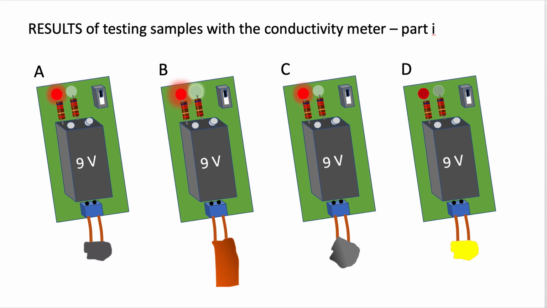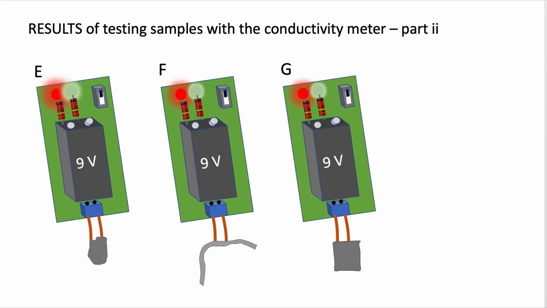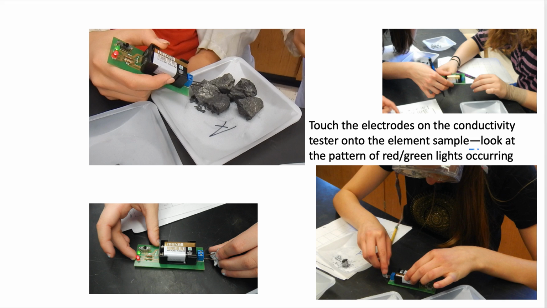So this is A through D, and then we go on to through G, and you may need to come back to these when you're completing your table of results, looking at how you are labeling whether they're going to be metals or non-metals, etc. And here are some diagrams to show touching the sample with the 2 electrodes and looking at the pattern, but go back to the table which shows you what's happening.